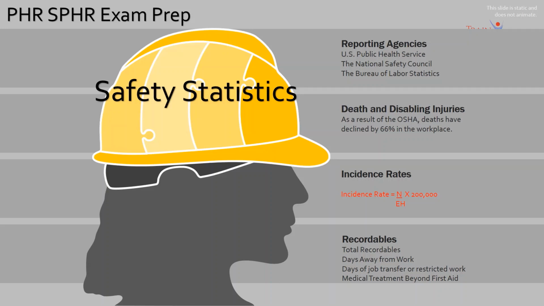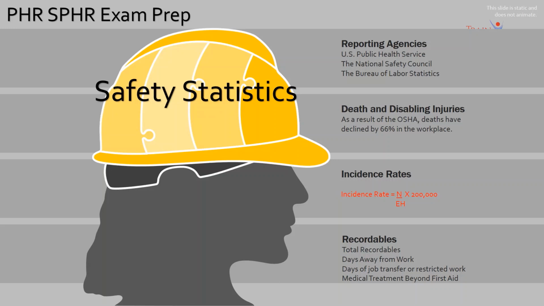So here you look at the formula and you have N equals number of injuries and or illnesses or lost work days. EH equals total employee hours worked by all employees during the calendar year. And 200,000 is the equivalent of 100 full-time employees, each working 50 weeks or 40 hours per week.